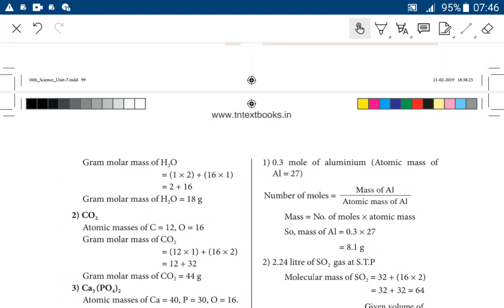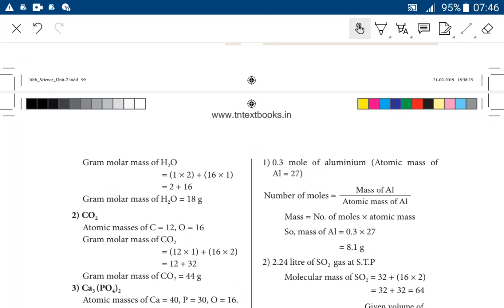For example, 0.3 mole of aluminum. Atomic mass is given here. 0.3 mole is given. We have to find out the mass of the substance. The same formula can be modified to find out the mass.